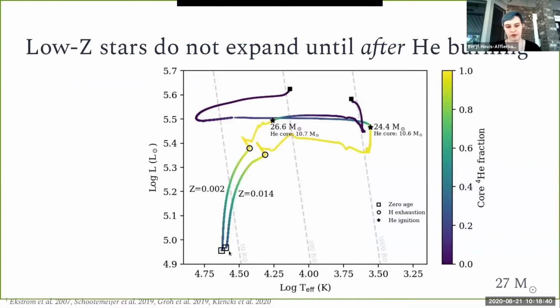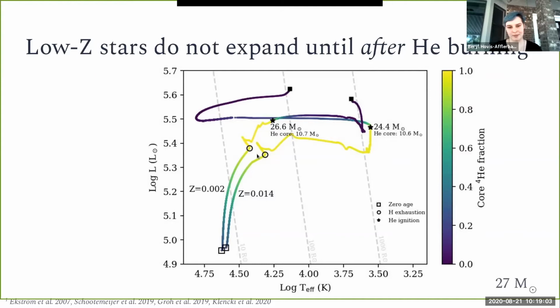This Hertzsprung-Russell diagram, showing the luminosity and the temperature over a star's life as it evolves, is one that we've made for 27 solar mass stars at solar metallicity and at metallicity similar to that of the Small Magellanic Cloud, which is lower than solar metallicity.